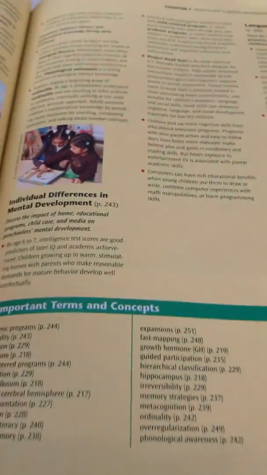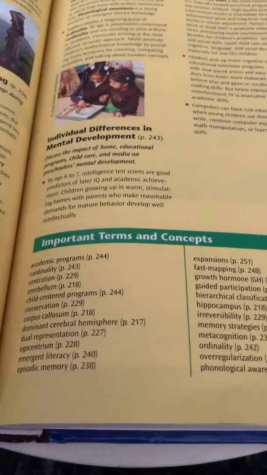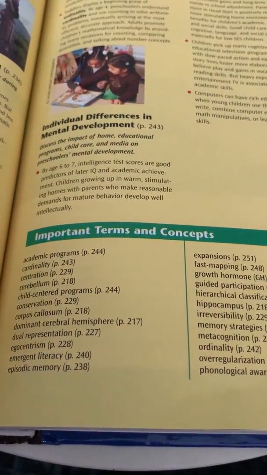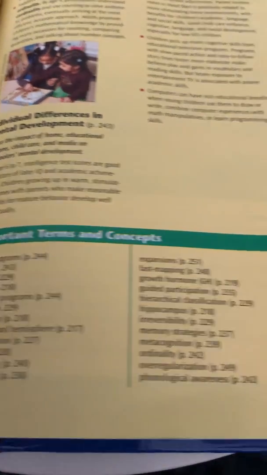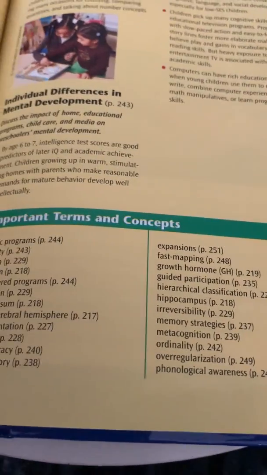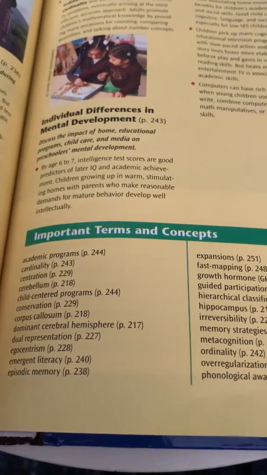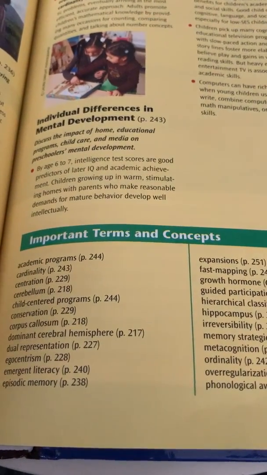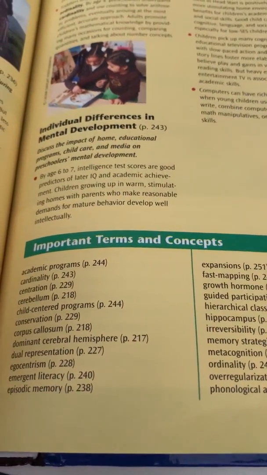Burke includes a section called Important Terms and Concepts. There's maybe 30 or so important terms and concepts in this chapter, and she lists them and the page that they're on.